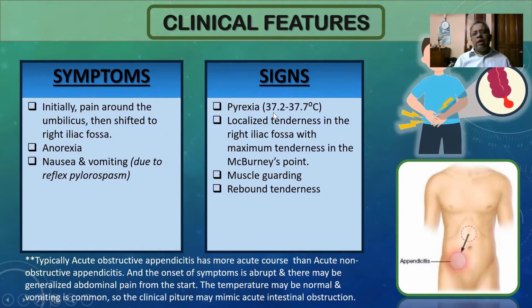If you examine, the patient has a pyrexia of 37.2 to 37.7 degrees Celsius. Not a markedly high pyrexia, because if there is abscess formation, in that case there is a high rise of temperature. Then there is localized tenderness in the right iliac fossa with maximum tenderness at McBurney's point.